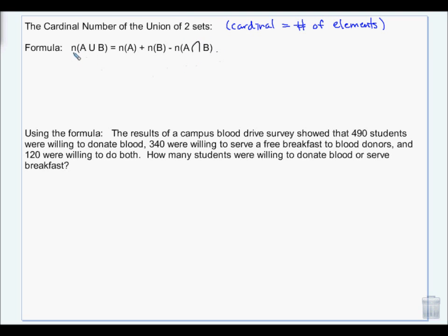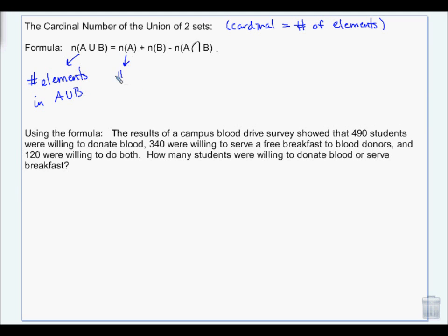So the cardinal number of the union is the cardinal number of A plus the cardinal number of B minus the cardinal number of the intersection. So we'll put that in words. So this is the number of elements in A union B. Okay.